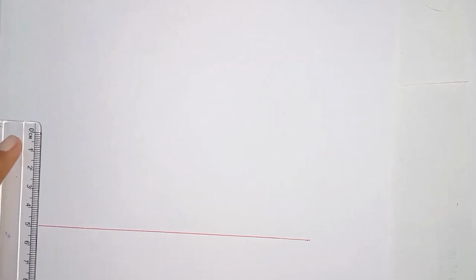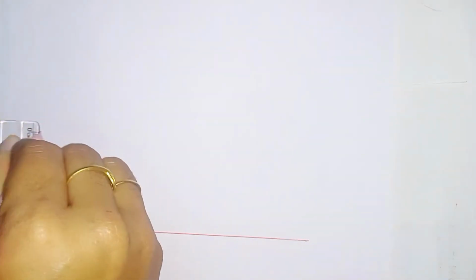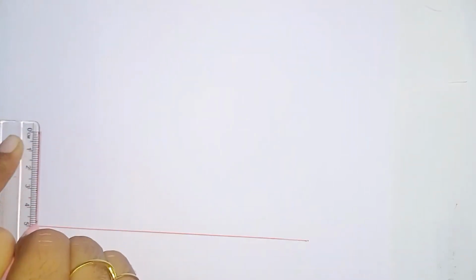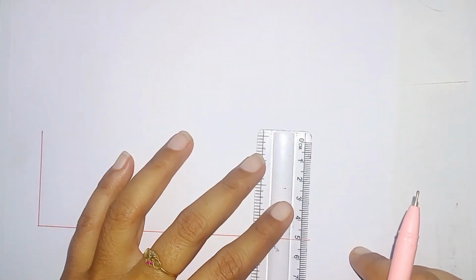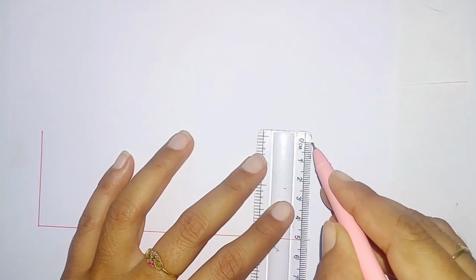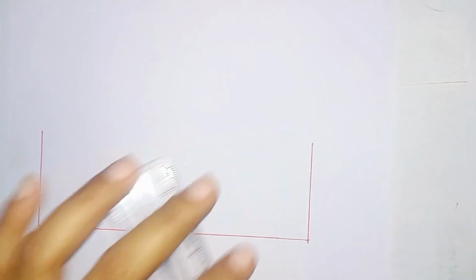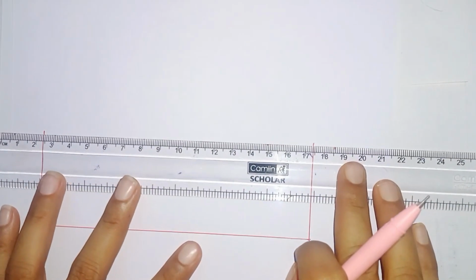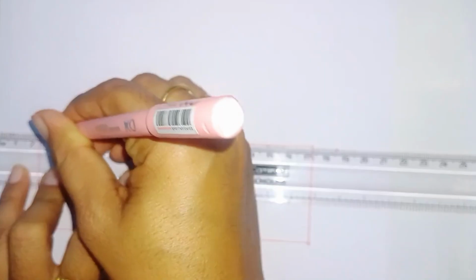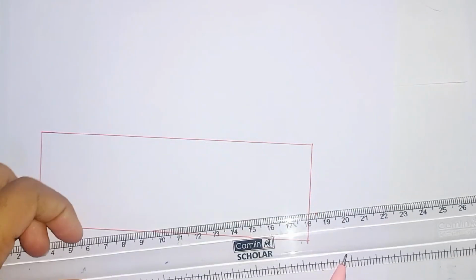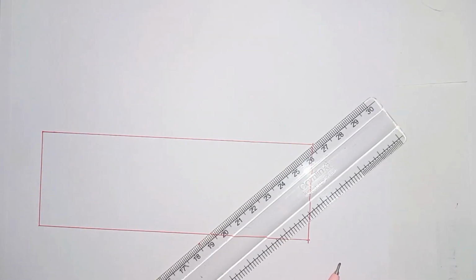The height of the scale is 5 centimeters. Then draw a rectangle box and close it. This is the diagonal scale of 15 centimeters.